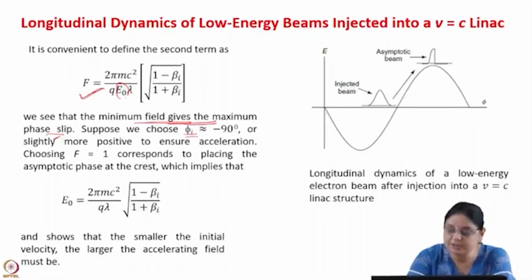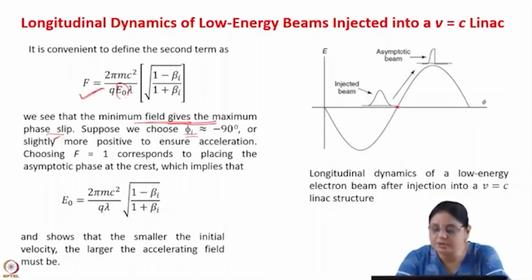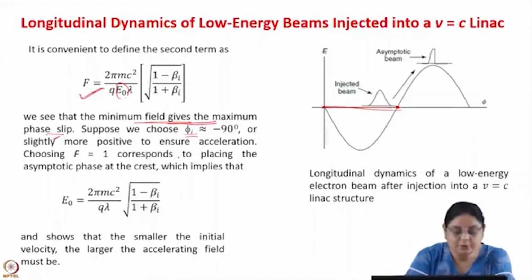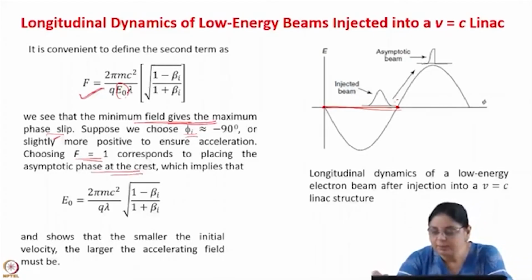So initial phase is equal to minus 90 or slightly more positive, because here there will be no acceleration. The electric field corresponding to minus 90 is 0. So if we choose this or slightly above it, and then we choose f equal to 1, this corresponds to placing the asymptotic phase at the crest. So when beta approaches 1, this phase will approach 0.